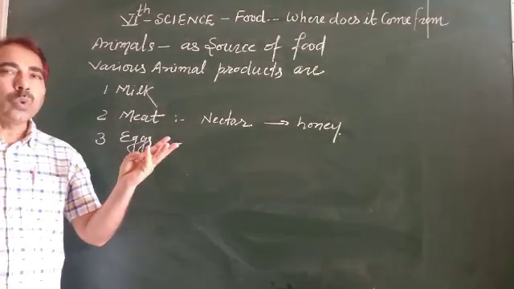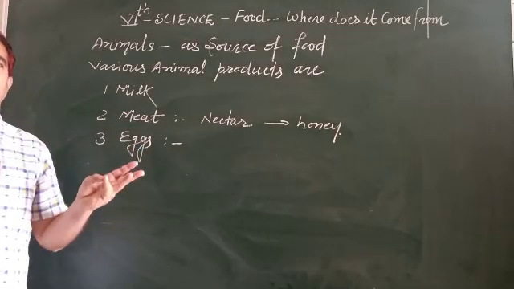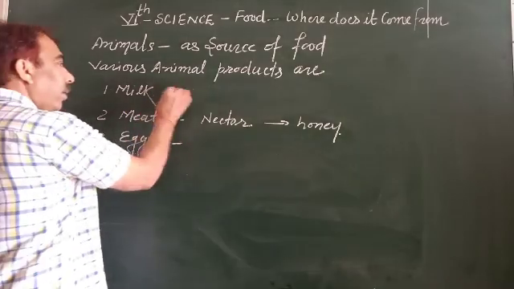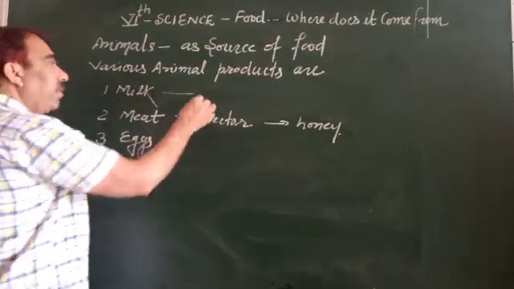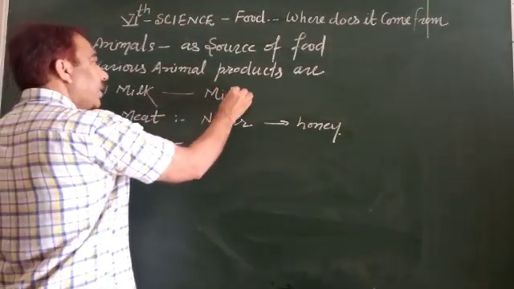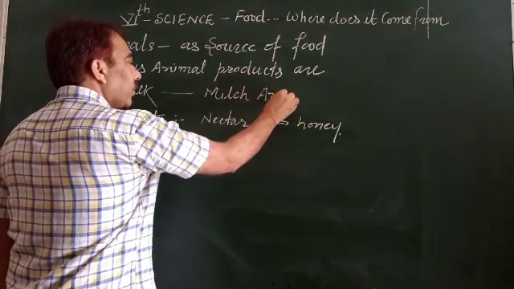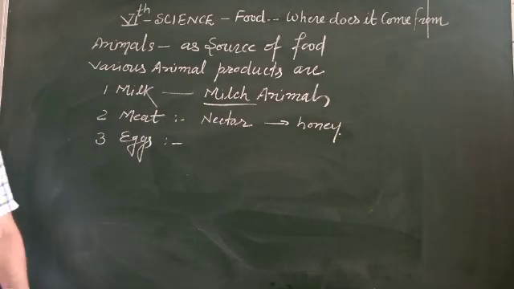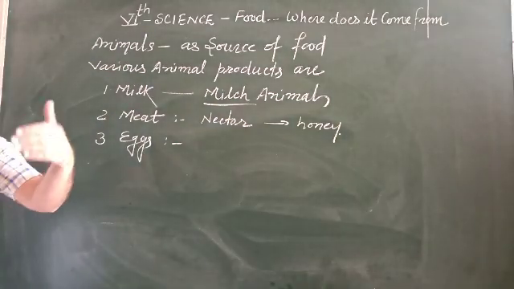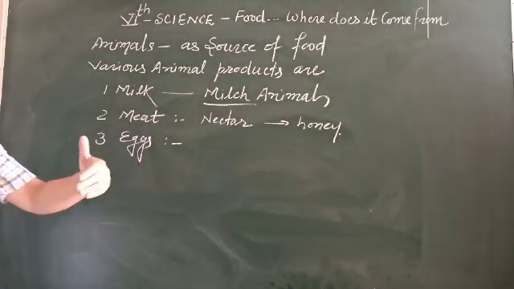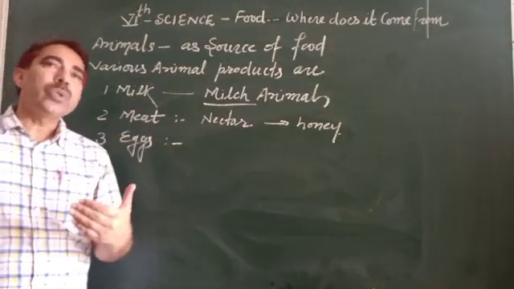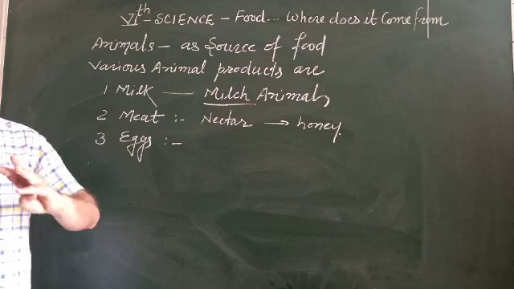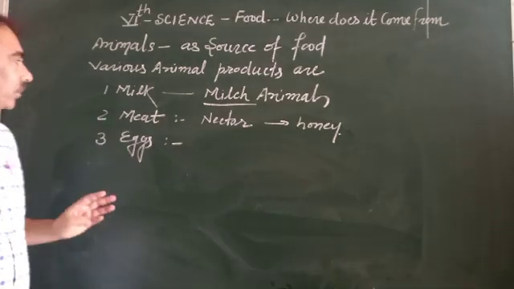Cow, goat, buffalo, camel, they give us milk. Milk-giving animals are also known as milch animals: buffalo, cow, sheep, camel, etc. Milk is used to make different milk products such as cheese, curd, etc.